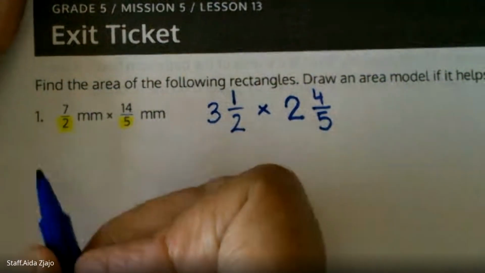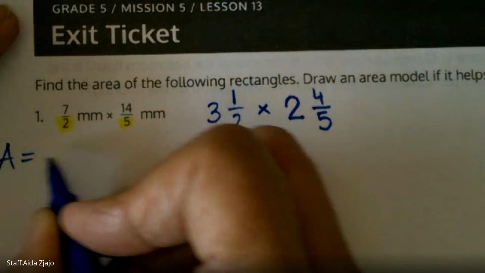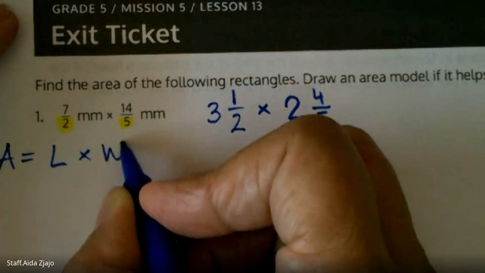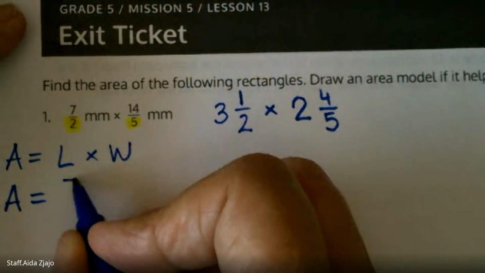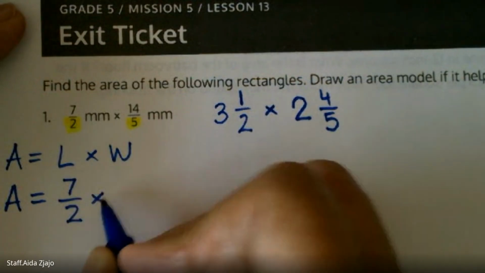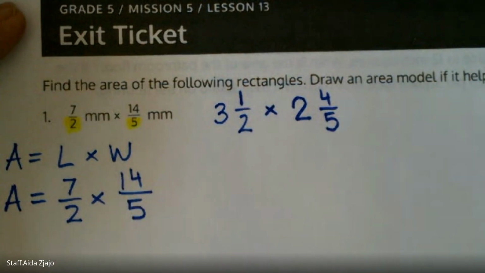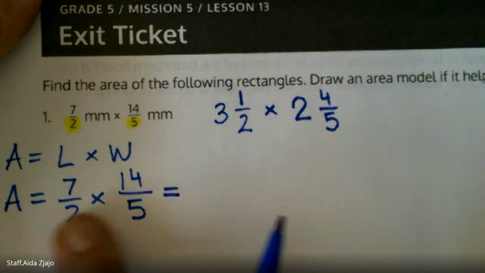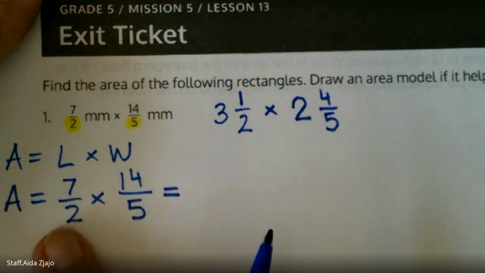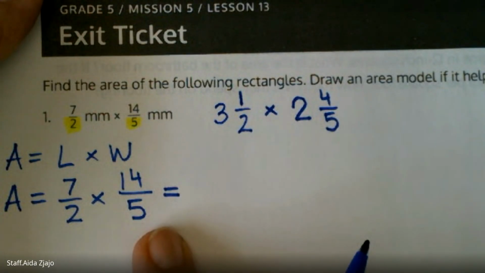So let's start with multiplication, fraction by fraction. So area equals length times width. Area equals 7/2 times 14 fifths. Now, I can see the relationship in between. I could do numerator times numerator, denominator times denominator, and then simplify it at the end.